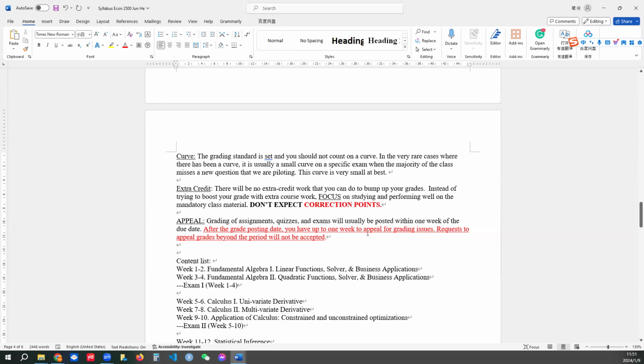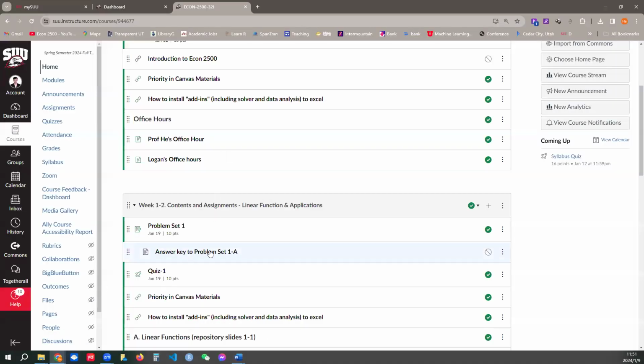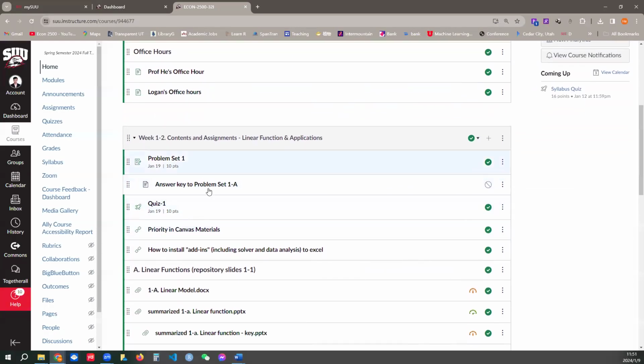It is to make sure that you have the motive to compare your own work with the posted answer key that will appear on the top of this, okay, right beneath the problem set.